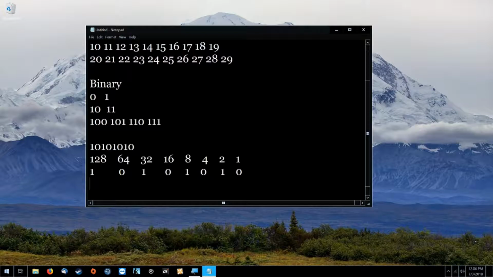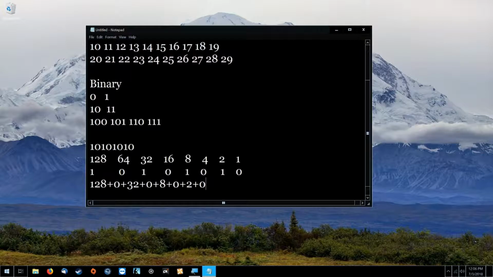So since we have a 1 in the 128 position, it's 128 plus, there's a 0 in the 64, so we don't add that. So I'm going to put a 0 for now, plus, and there's a 1 in the 32, so plus 32, plus, again, a 0 in the 16, a 1 in the 8, a 0 in the 4, a 1 in the 2, and a 0 in the 1 place.